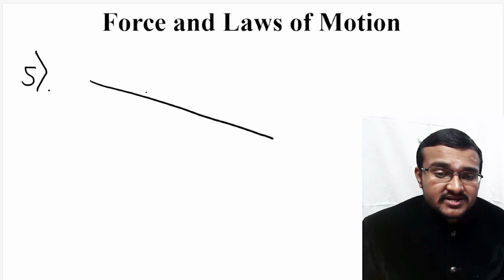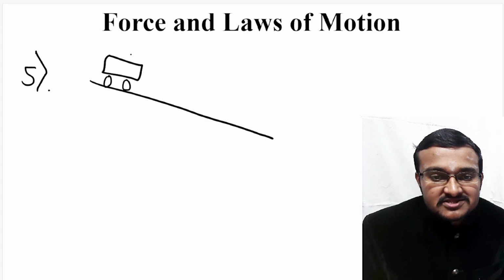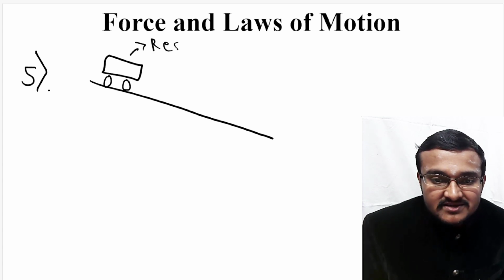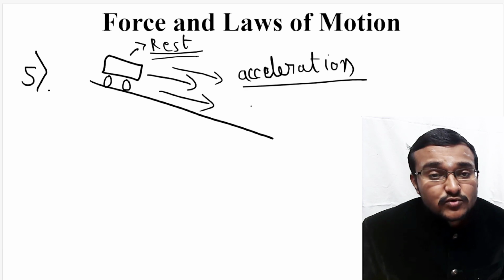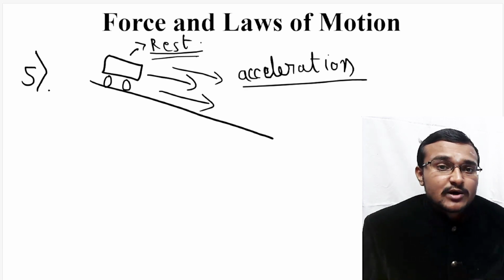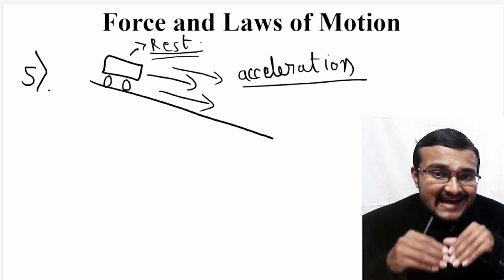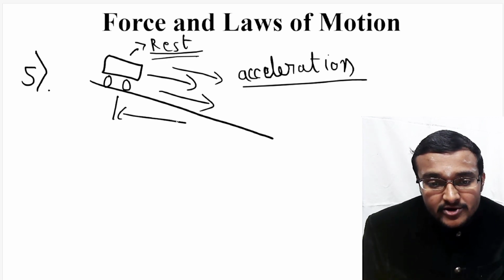So coming to the fifth question, here there is a slope, and on this slope a particular truck has been placed. So this truck, initially, will be at rest. So with a certain amount of acceleration, this particular truck will move downwards on this slope. So initially it was at rest, now it is in motion and it is accelerating downwards, and it has covered 400 meters.